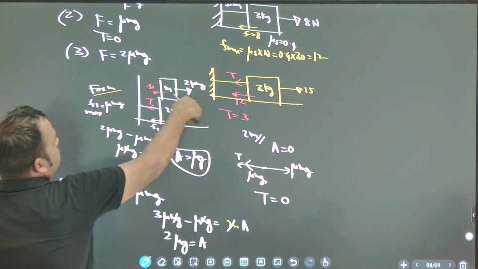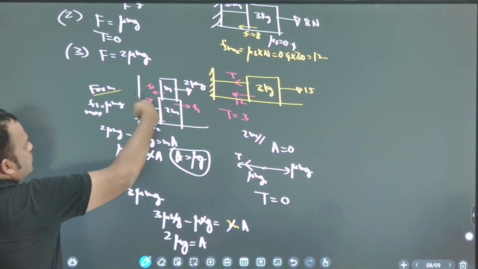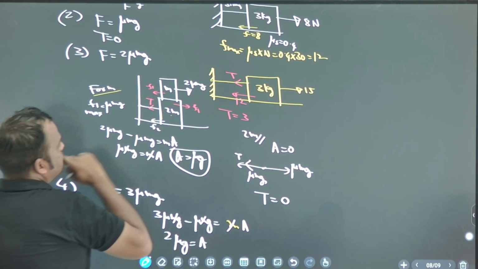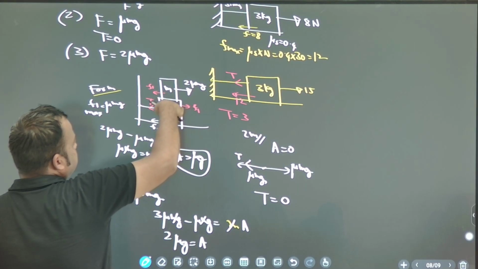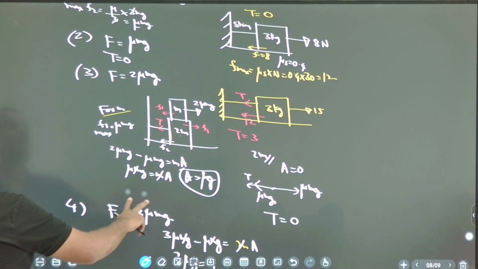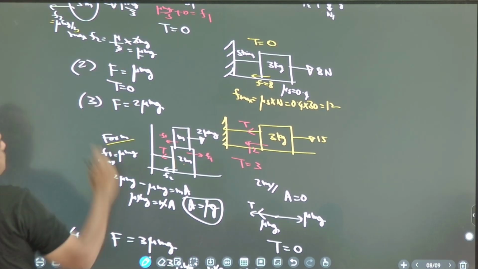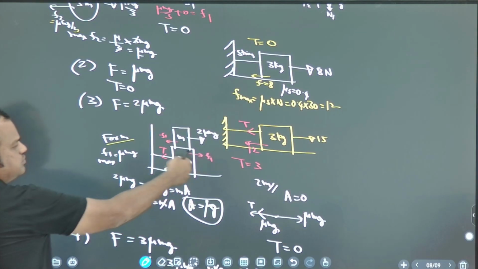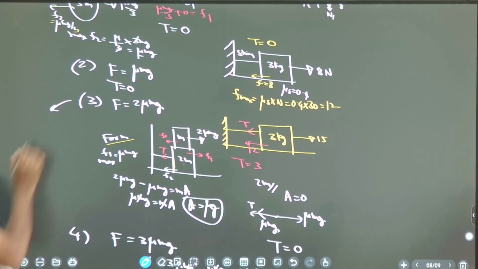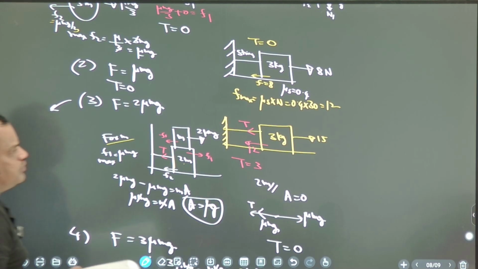Now this is mu mg, because the maximum value is mu mg only. So mu mg cancels, so tension is 0. Tension is 0 in all cases, so the third option is wrong. Okay, we'll continue then.